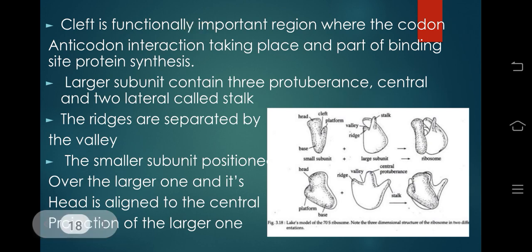The cleft is a functionally important region where the codon-anticodon interaction takes place, and part of the binding site for protein synthesis. The larger subunit contains 3 protuberances, a central one and 2 lateral ones, called a stalk. The ridges are separated by a valley. The smaller subunit is positioned over the large one and its head is aligned to the central projection of the larger one.